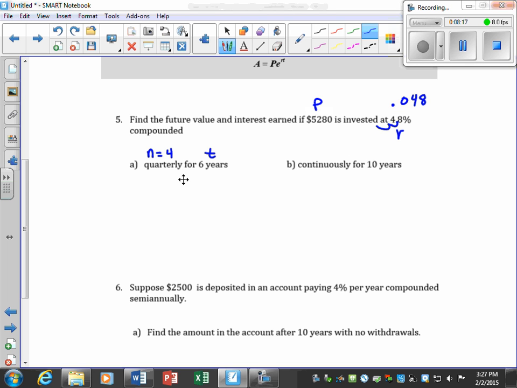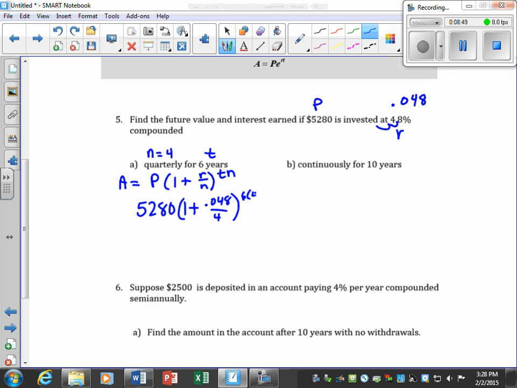So if we're going to compound quarterly for 6 years, we take our formula that we just used, P times 1 plus R over N, to the power N T, previous formula. Our principal this time is 5,280. Our rate is 0.048. N is 4.